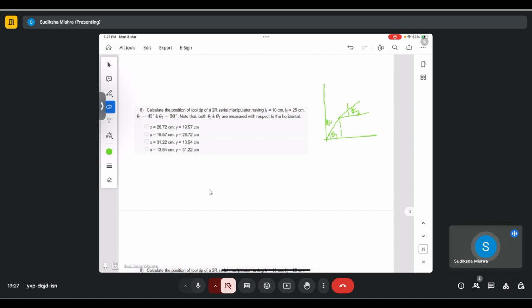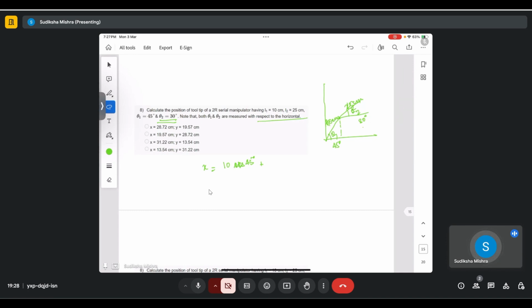L1 is 10 centimeters, L2 is 25 centimeters, theta 1 is 45 degrees, and theta 2 is 30 degrees. So x becomes 10 into cos 45 degrees plus, here the angle that is given is with respect to the horizontal.